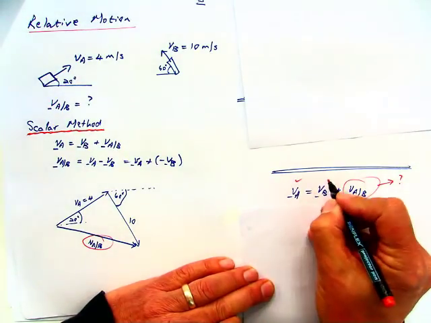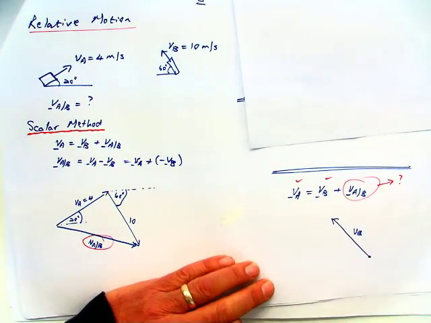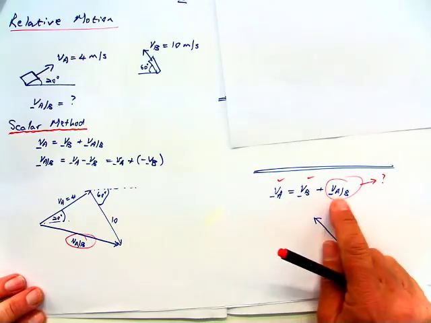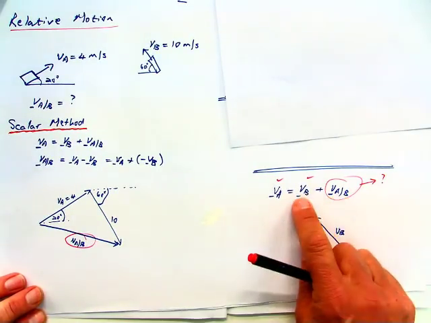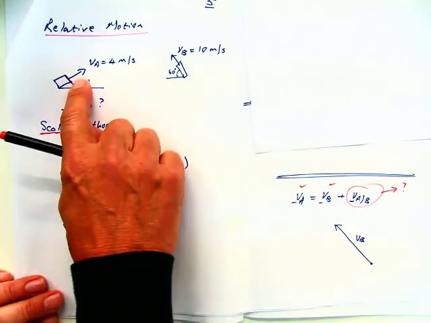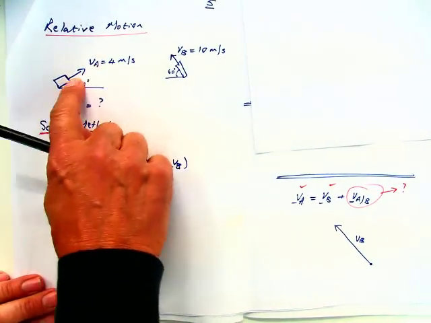I know that one and I know that one. So the velocity of B is something like that. Now this equation tells me if I add something to that, I'm going to get the velocity of A. Now the velocity of A is there.